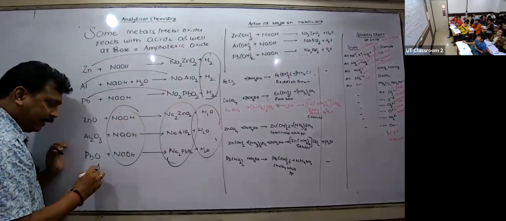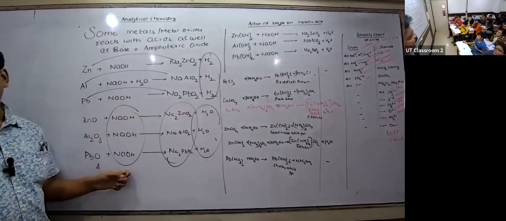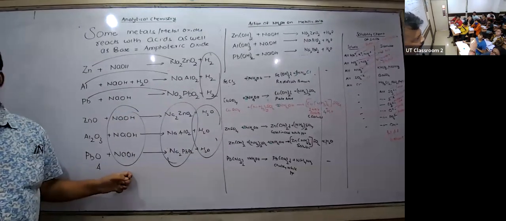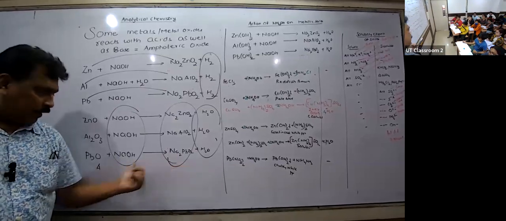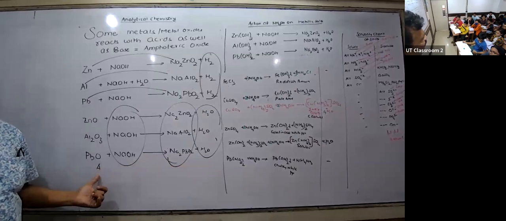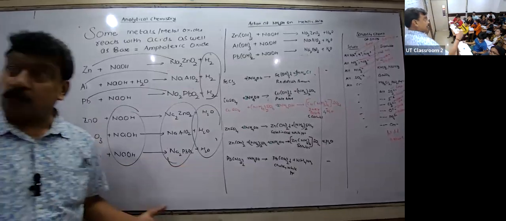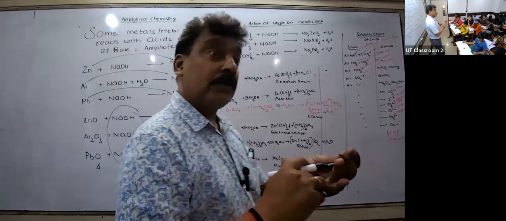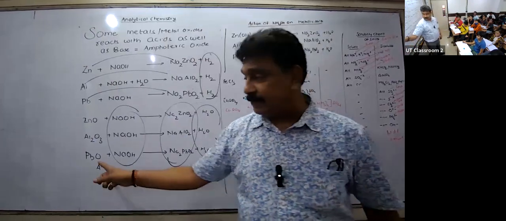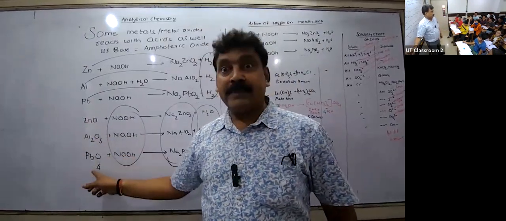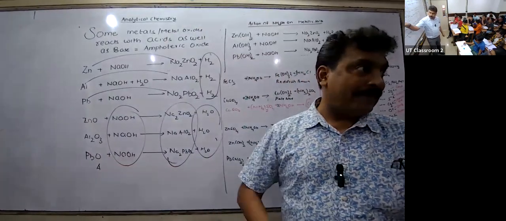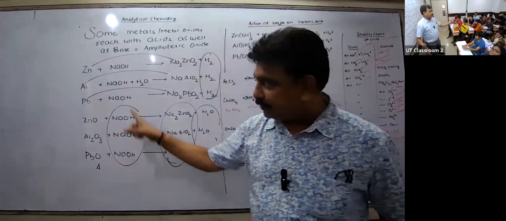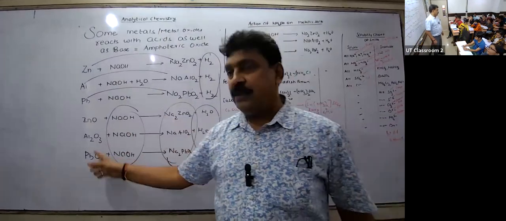That means they are acting as acids. Why? Because only an acid can neutralize a base. We will see this in the third chapter. If this is salt and water, and the other is a base, then this must be an acid. Although metallic oxides should be basic in nature, they act as acids here. Oxides can act as basic as well as acidic. So in front of strong bases, these oxides behave as acids.